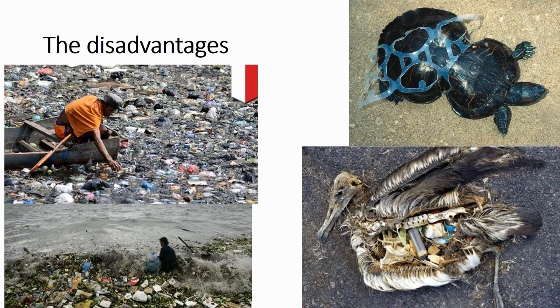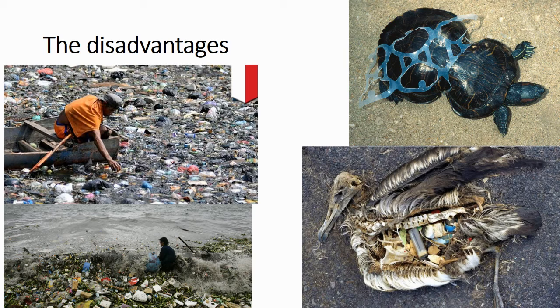Now, we couldn't talk about plastics without recognizing some of the disadvantages. Plastic is really, really durable, which makes it a fantastic material. But plastic is very durable, which makes it a really bad material because it does not break down in the environment. It floats down rivers, goes into the ocean, seabirds eat it.